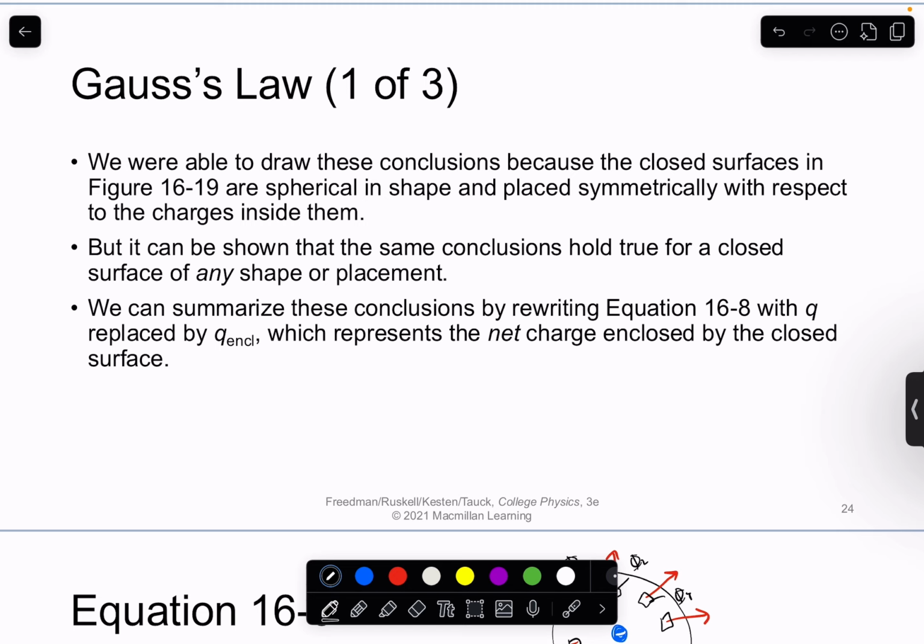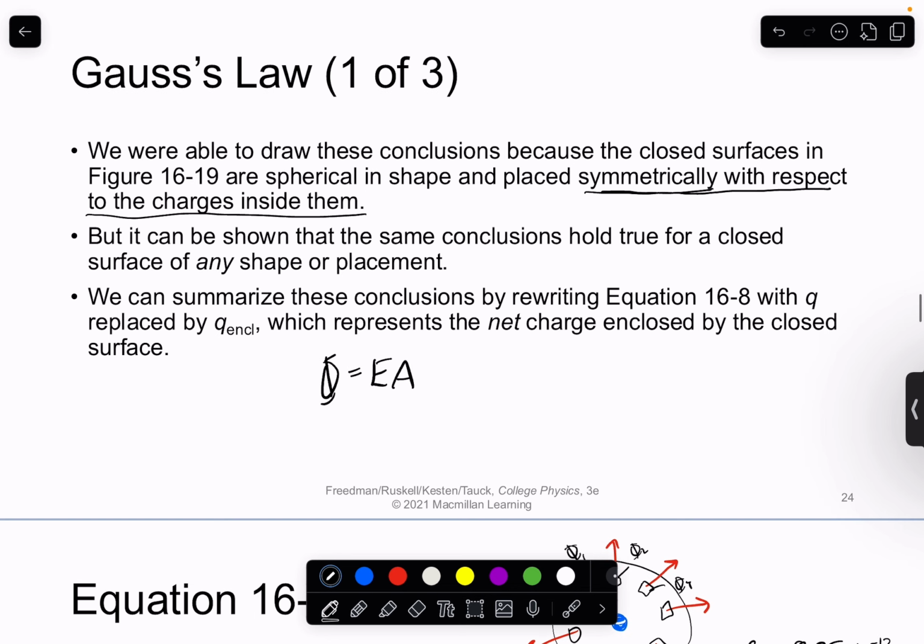To make Gauss's law useful, we really need our shape to be symmetric with respect to the charges inside of them, right? In order for the flux to come out very nicely as E times A, we need the symmetry of the charge producing the electric field lines. The electric field lines are radial. They have radial symmetry.